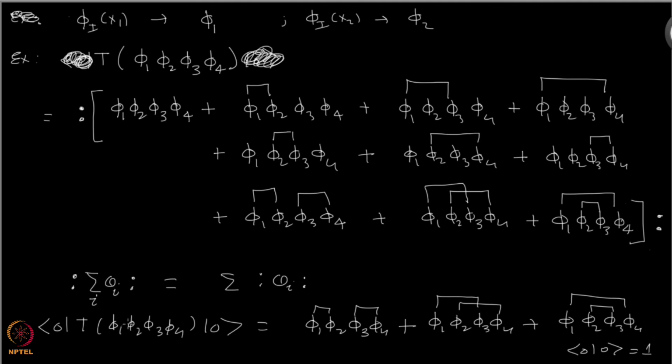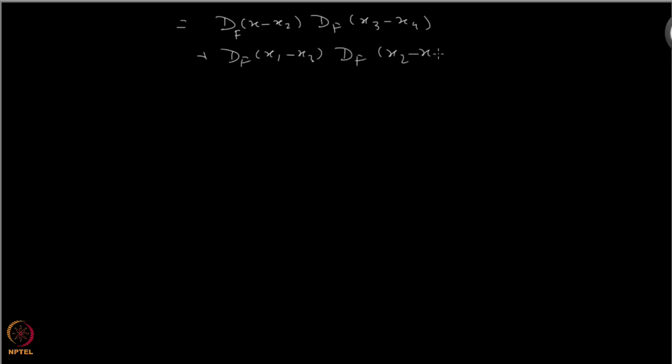Because once we do that, all we are left with is these contractions, which are nothing but the propagators, right? So if you wish, I can write it further as DF of x1 minus x2 DF of x3 minus x4 plus DF of x1 minus x3 DF of x2 minus x4 plus DF of x1 minus x4 and DF of x2 minus x3, right? It's the same thing as before.